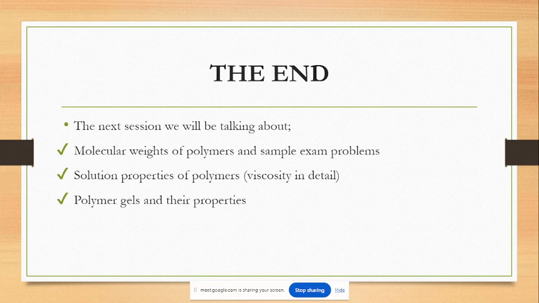Meaning that tragacanth gum as a polymer, its TG value is around the temperature of the mouth. So the temperature of the mouth tends to facilitate segmental motion in that tragacanth gum, and then motion takes place. If motion takes place, there is conversion from a solid amorphous to a more rubbery and more viscous form.